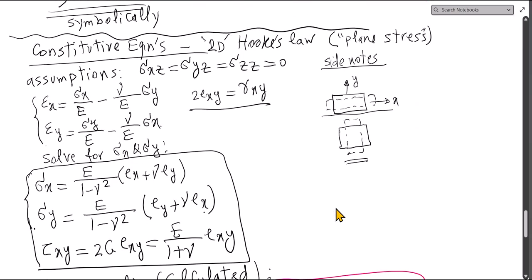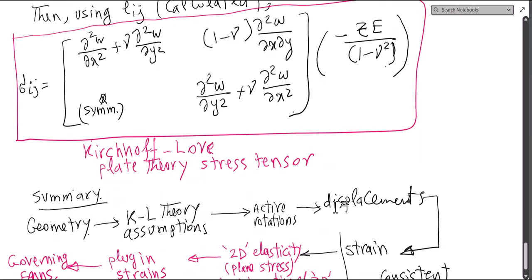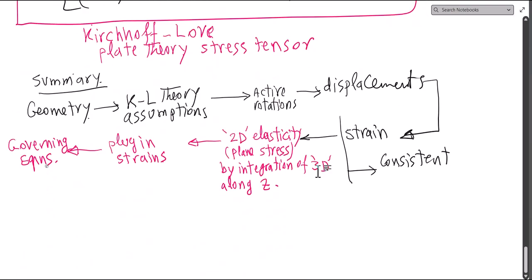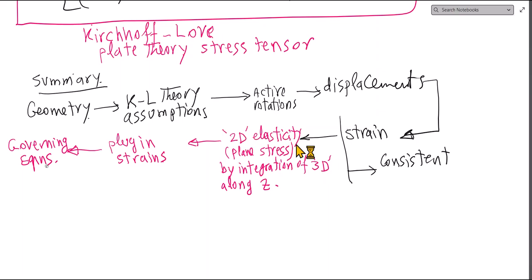These are problematic, but the most problem comes from sigma z. So we had to do a kind of averaged 3D resulting in 2D elasticity. We call it plane stress, with quotes, by integrating the 3D along the Z, and then we plugged in the strain, and then we are at this point.